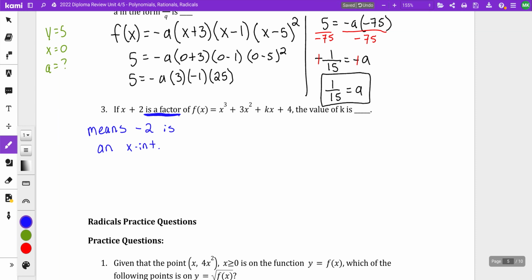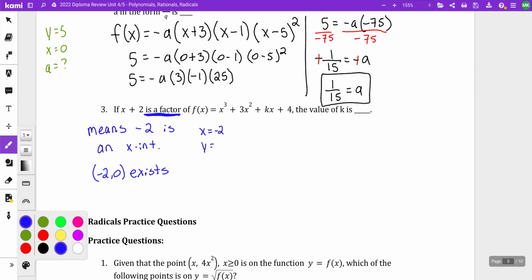Agreed? If negative 2 is an intercept, that means I know that this point, negative 2 comma 0, exists. That means, going to my equation, I now know x equals negative 2, y equals 0. Now I can figure out what k is.